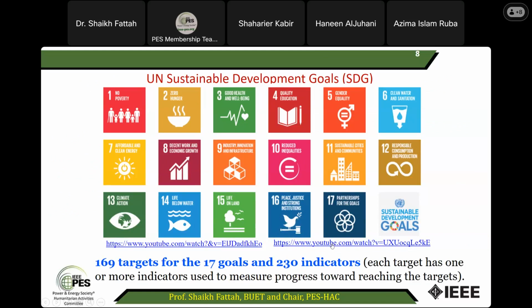You can see good health is number 3, and affordable clean energy is number 7. So they write in the project that they target SDG number 3 and number 7. Sometimes they don't understand actually how they will achieve these SDGs. It's not just telling that I will target 3, 7 or some other SDGs.